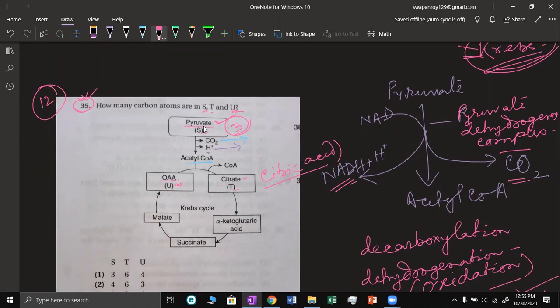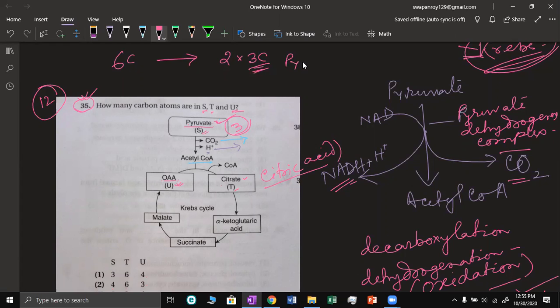In glycolysis, glucose and fructose are 6-carbon compounds. After that, whatever the intermediate products are, all of those are 3-carbon compounds. From the 6-carbon compound in glycolysis, it breaks into 2 molecules of 3-carbon compound.